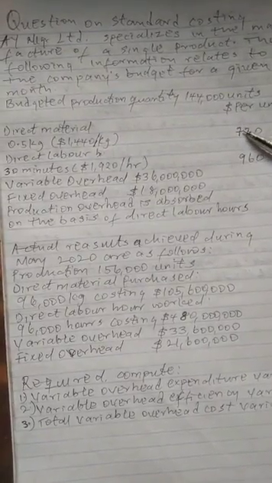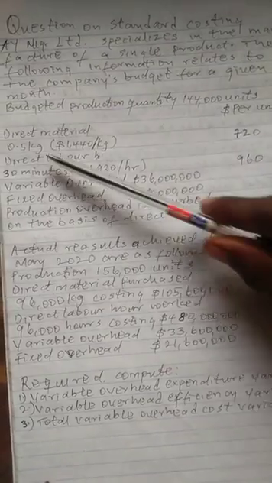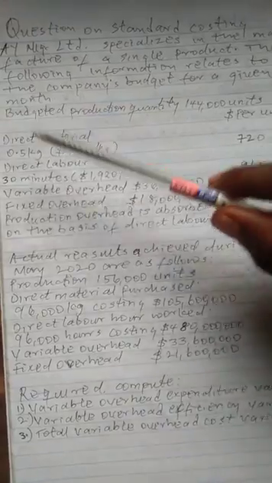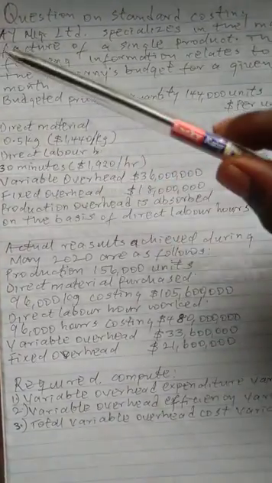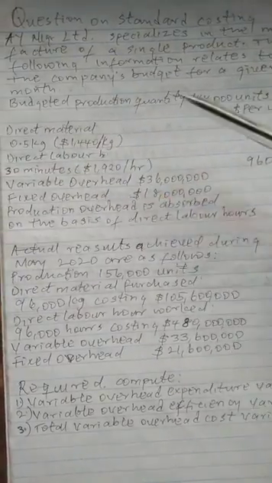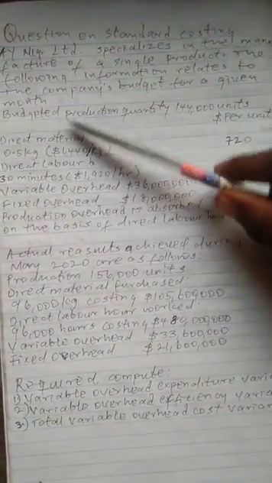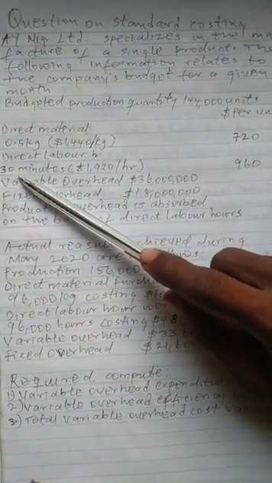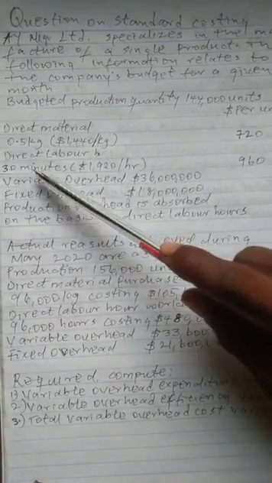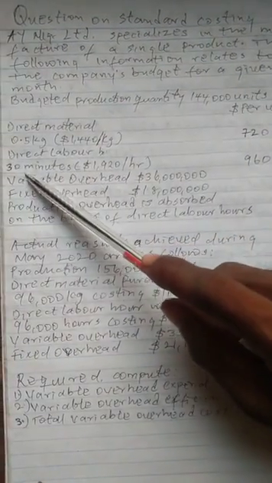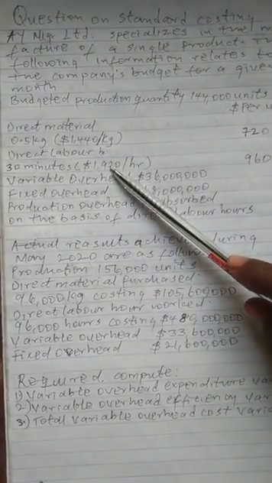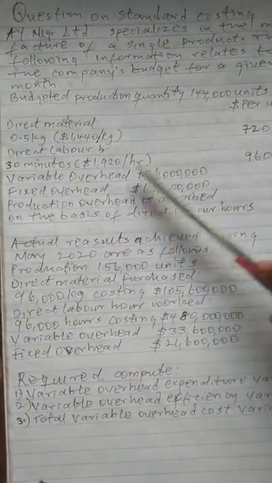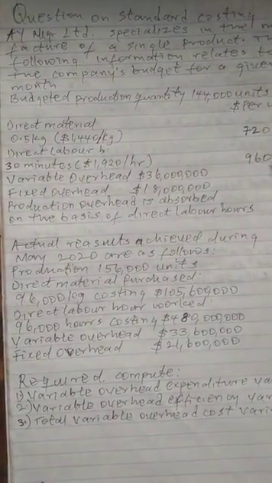You must understand that these 3 measurements are very, very important so that you know what information to pick where you are calculating the requirement. Then for direct labor, you also have the quantity, the rate, and the cost per unit.